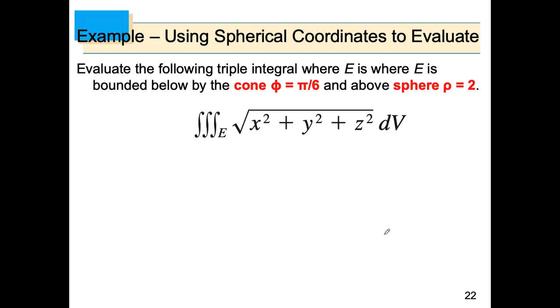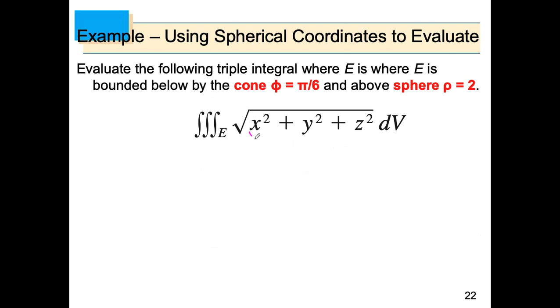Okay, to finish off this lesson, let's try yet another one. In this particular case, this one is actually kind of tough to understand, but I'm just going to go ahead and give you the triple integral that I want you to see. Let's start with the easy part first.